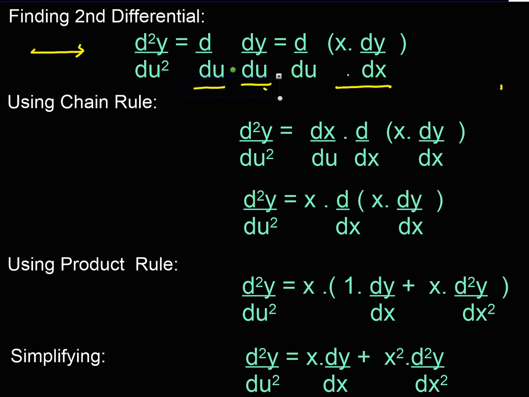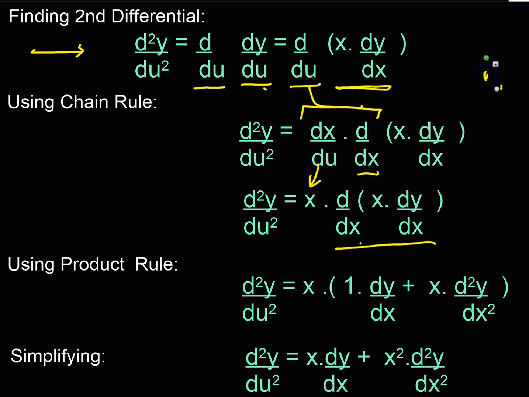It was x dy by dx. This is all in terms of x and y. So I want to differentiate with respect to x, which means I need to use the chain rule here. So I'm replacing this d by du with dx by du, d by dx, there we go. And I know what this first term is, it's just x again.